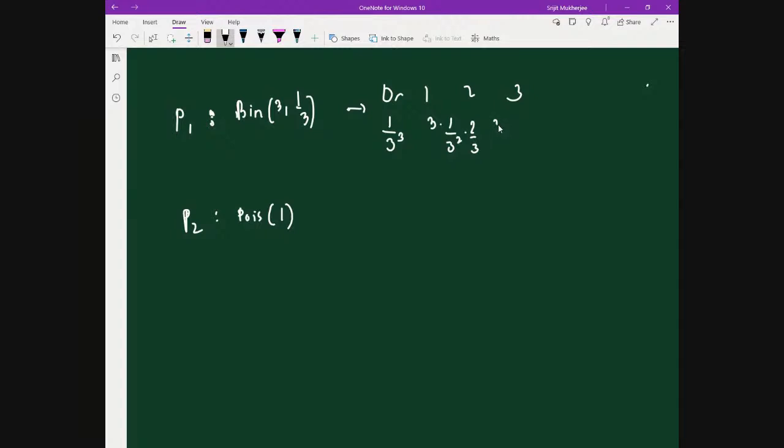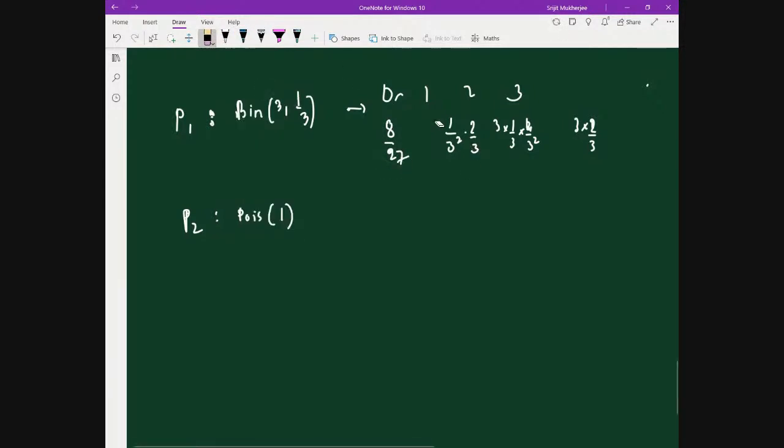And here 3 into 1/3 into (2/3)^2 is 4/3 square, and here it's 3 into 1/3 into (2/3)^3. The first value should be (2/3)^3. Oh yes, you're right, I made a mistake. It will be 8/27.